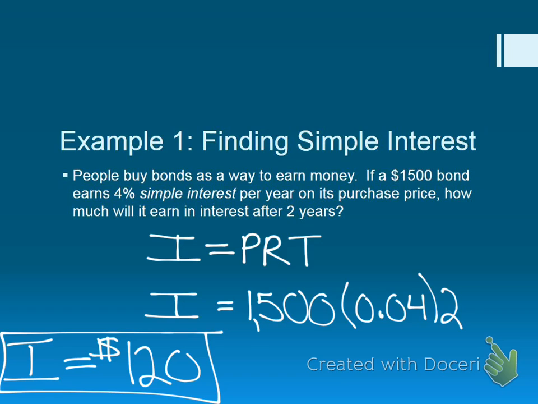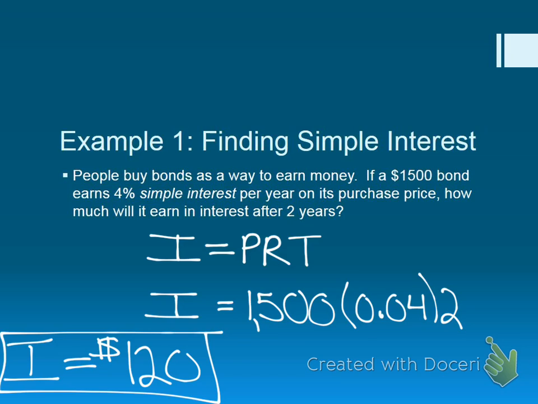Now, on numbers 8, 10, and 12 on your homework tonight, this is the first step to find the interest. But then they also ask you to find the final balance of the account. So if I initially invested $1,500 and over 2 years I made $120 in interest, how much money did I make total?